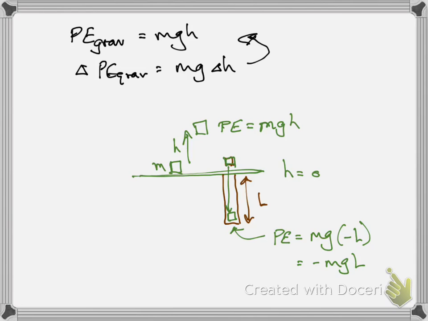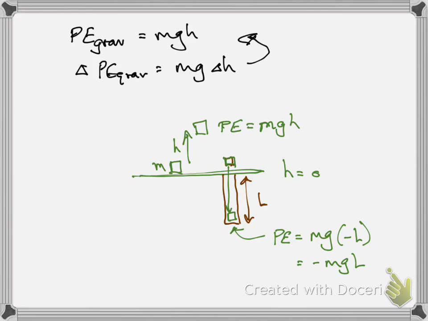If we define h equals 0, then if we go below it, the potential energy must be negative, right? But at any point, if you go higher, the potential energy gets bigger. If we go lower, the potential energy gets smaller. It's just that where we define h equals 0, the potential energy must go from positive to negative. So what I want you to think about is that a negative potential energy is actually meaningful, to some extent.